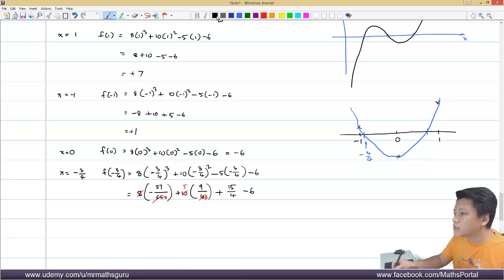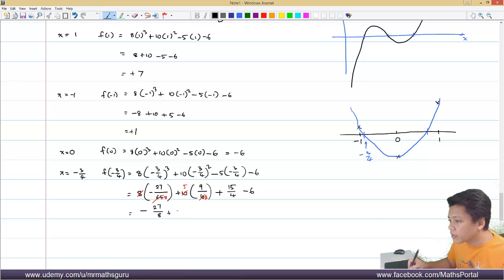Okay, that is equal to minus 27 over 8 plus 45 over 8 plus, okay, let's put everything denominator to become 8, so times 2, that is 30 over 8, and 6 times 8 is 48 over 8.